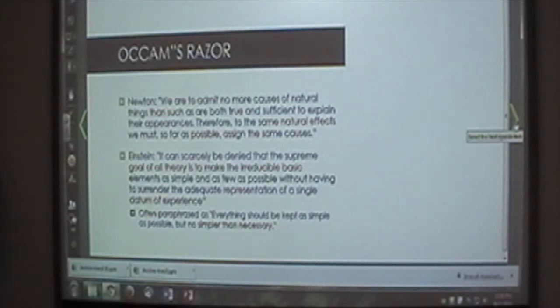So a couple of phrases of this. One by Newton, who said, "We are to admit no more causes of natural things than such as are both true and sufficient to explain their appearances. Therefore, to the same natural effects, we must, so far as possible, assign the same causes." Or Einstein, "It can scarcely be denied that the supreme goal of all theory is to make the irreducible basic elements as simple and as few as possible without having to surrender the adequate representation of a single datum of experience."